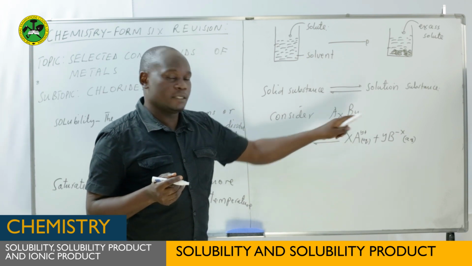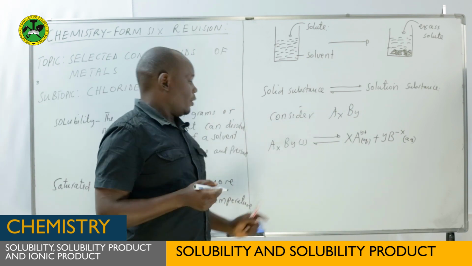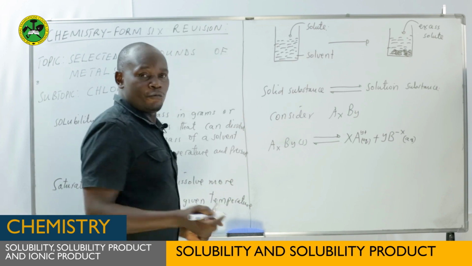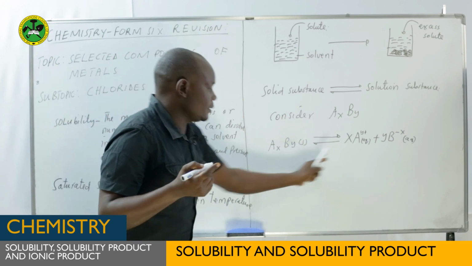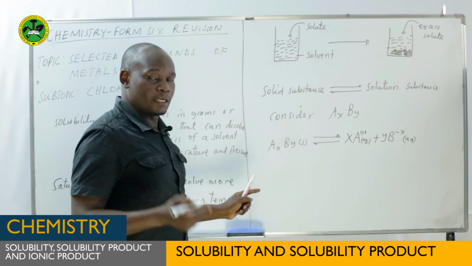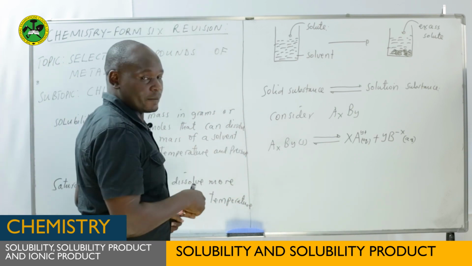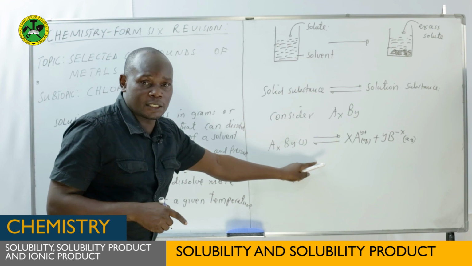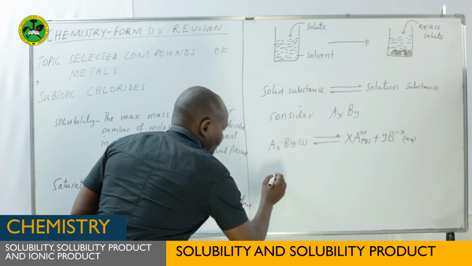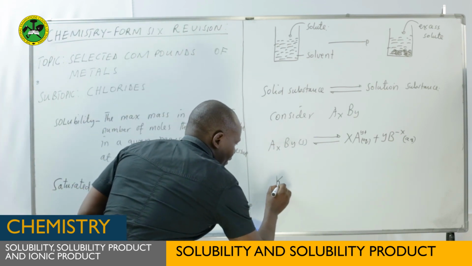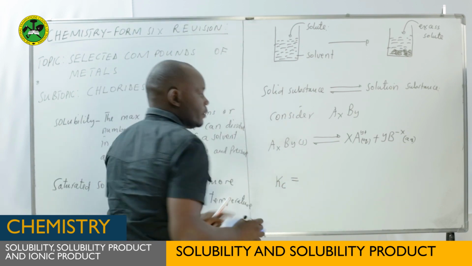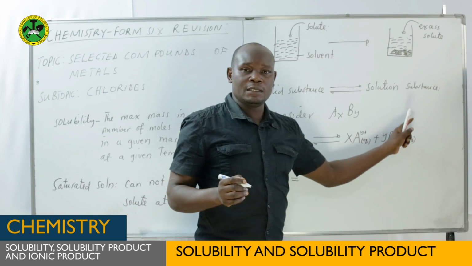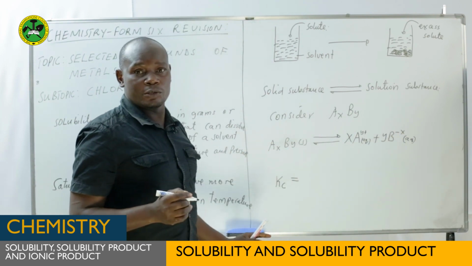This is the equilibrium established in our sparingly soluble substance AxBy. Now, going back to the law of mass action, since it is an equilibrium reaction, an equilibrium constant Kc is established. Kc equals the concentration of the products divided by the concentration of the reactant.